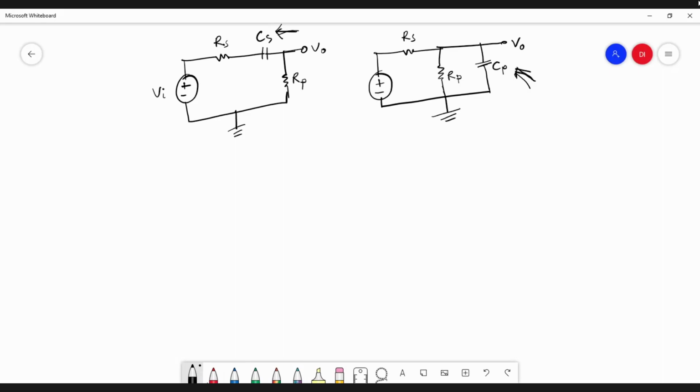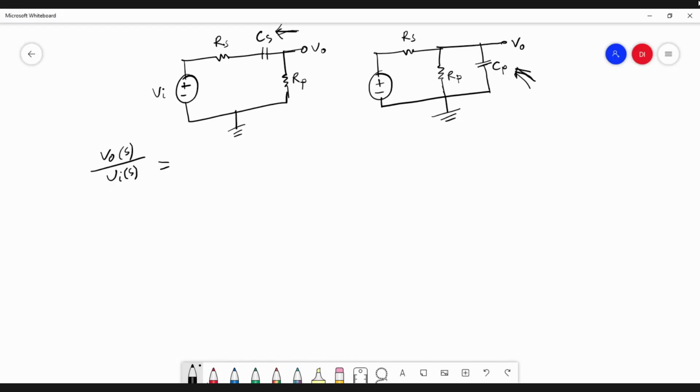From your earlier knowledge, we can easily find out what Vo(s) by Vi(s) is. Can you say what this is? Rp by Rs plus Rp.